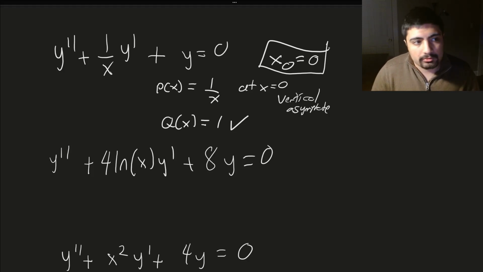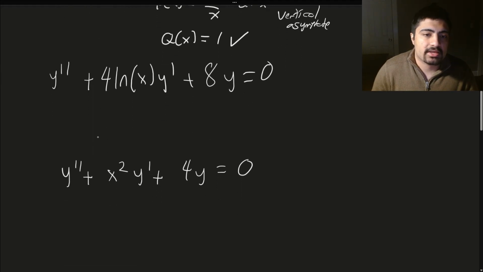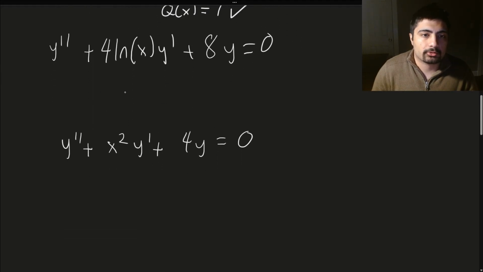A little further in this lecture, we will be focusing on regular and irregular singular points. But for now, just know that this is going to be a singular point. Further in the lecture, we will classify them as regular or irregular. Now let's keep going with these examples.